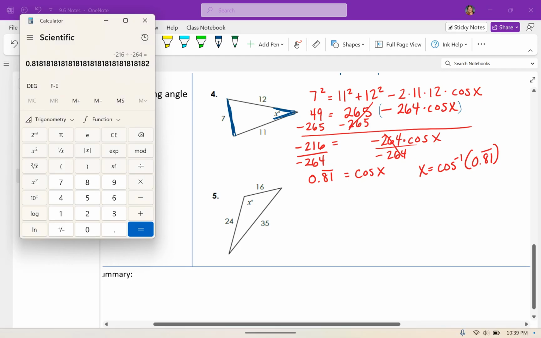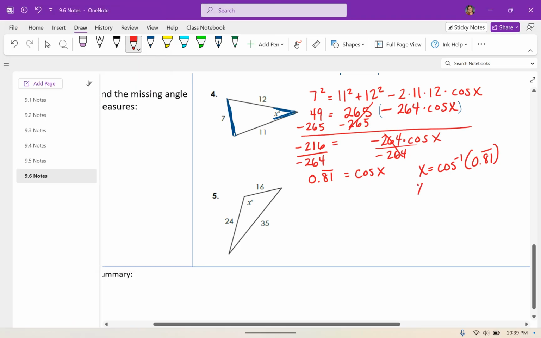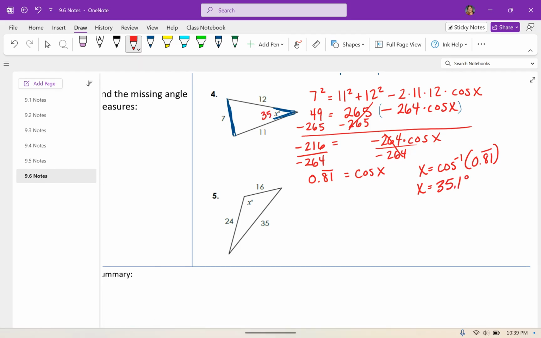Okay, so I'm just going to hit the inverse cosine button. So second cosine, and that gives me x is 35.1 degrees. 35.1 degrees seems like a reasonable degree.